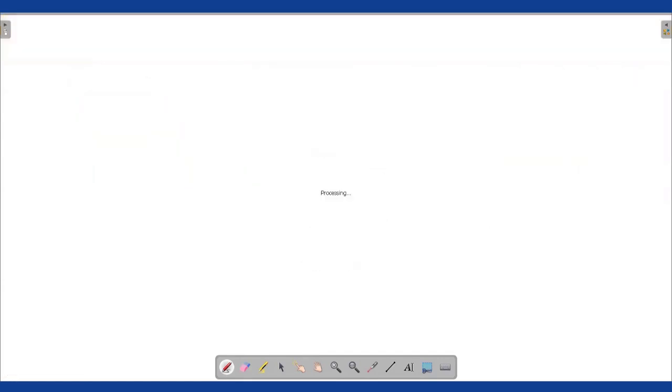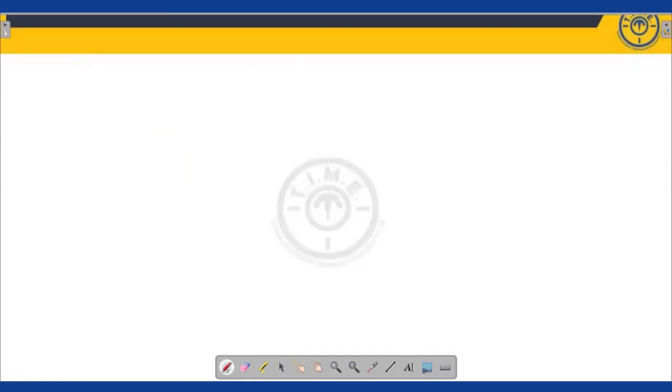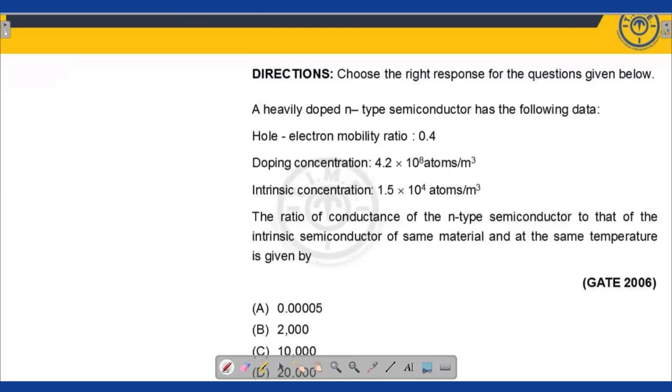This is the next question, question number 9. See, now how things are going to happen in question number 9. Just we need to see over here.